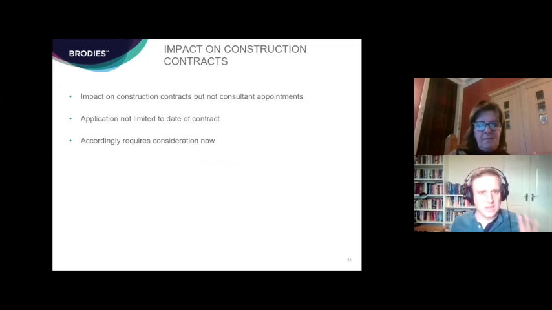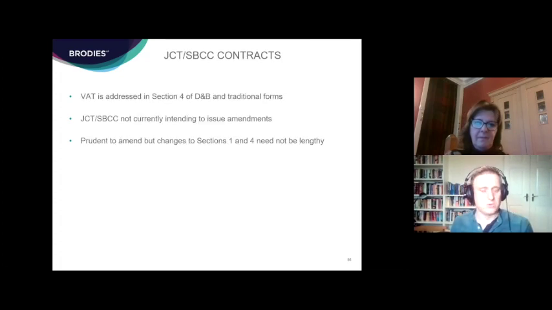Also, the application of the reverse charge rules doesn't depend on the date of the contract. It depends when the payment is made. If your payment is made after, I think, the 1st of March 2021, it will be in the reverse charge if the reverse charge applies, even if your contract is dated now. So there are people who will have contracts dated now to which the reverse charge will apply when it comes in.